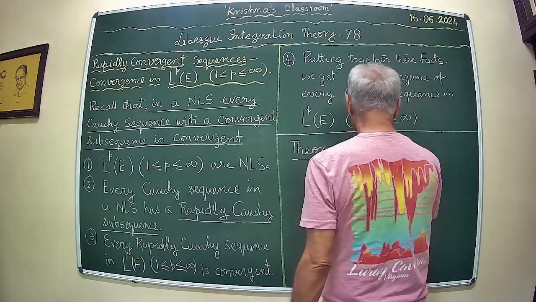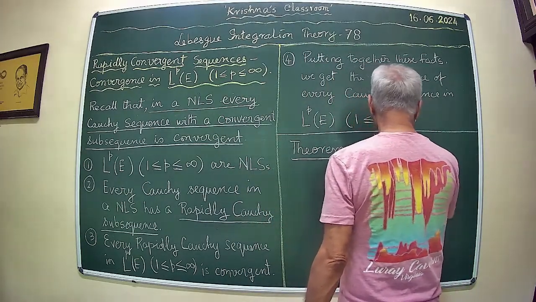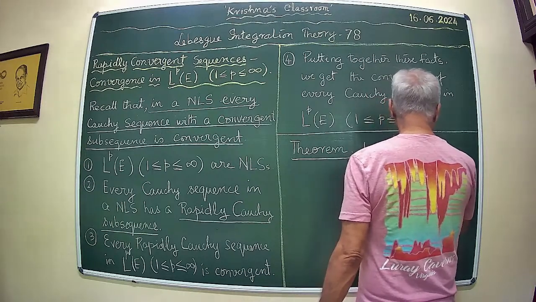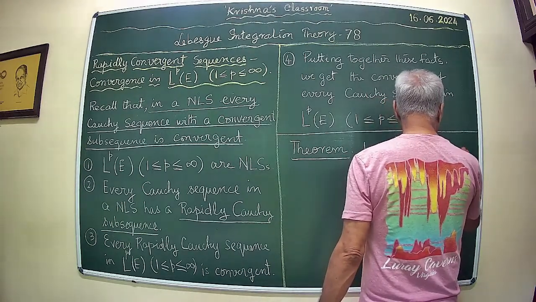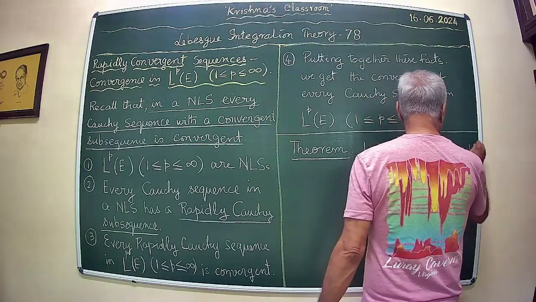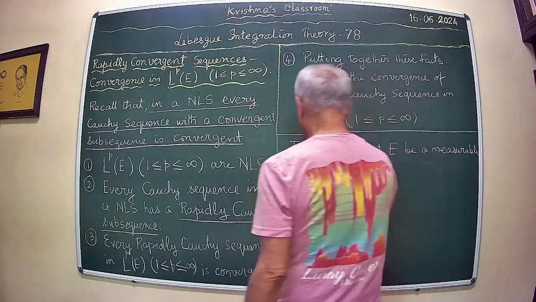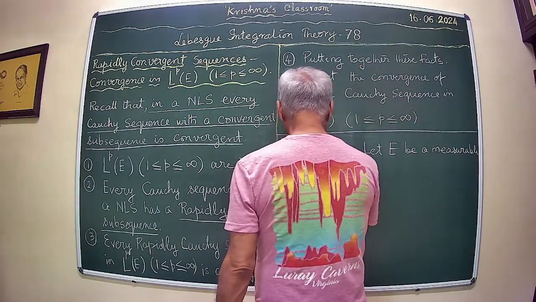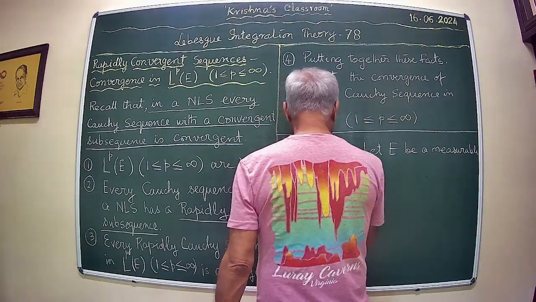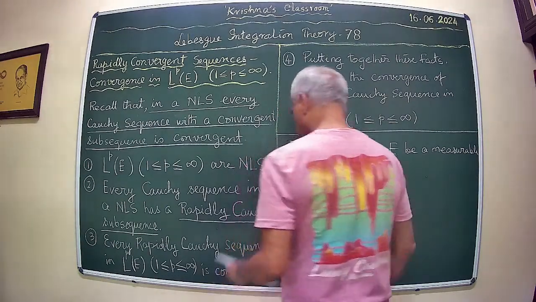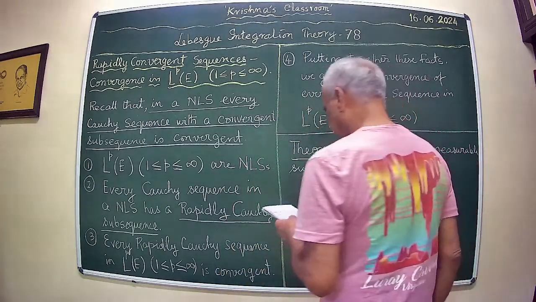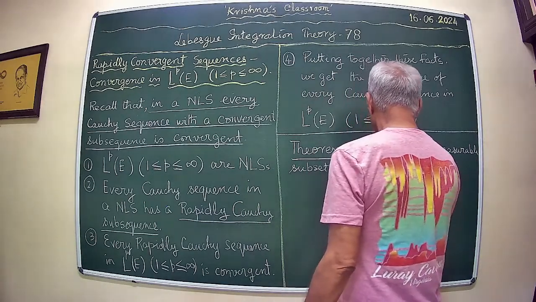Let E be a measurable subset of R, and let 1 less than or equal to p less than or equal to infinity.